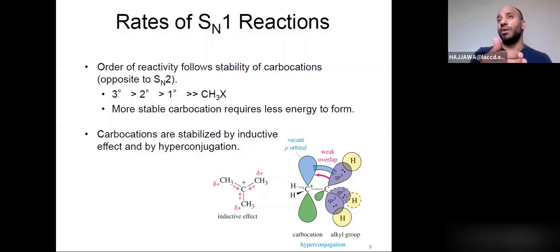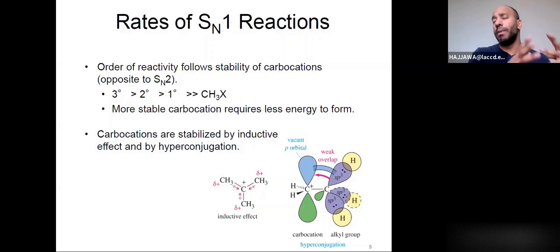I'm going to add to this. If I have a benzylic carbon or an allylic carbon, where would they fall in here? Well, because of the stability of the benzylic carbocation, more than the allylic, more than the tertiary, this ranking will actually be written as the following, to include benzylic and allylic carbons.